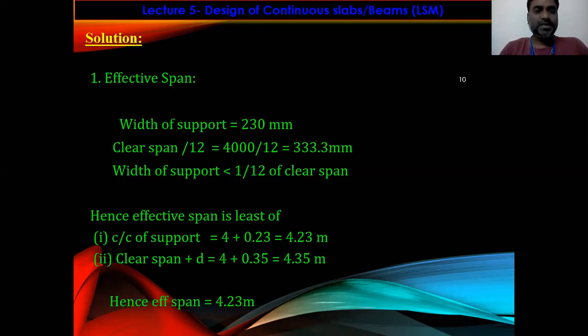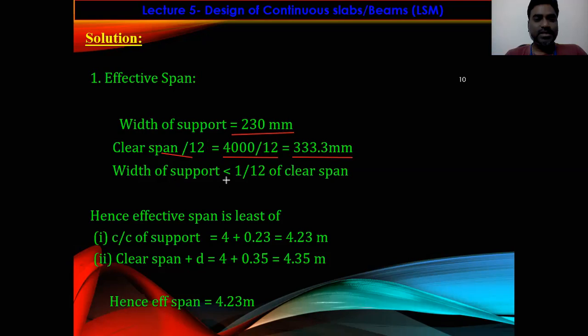So first check whether the width of the support is less than 1/12 of the clear span or not. Here the width of the support is 230 mm. Then the clear span by 12 is 4000 by 12, you will get 333.3 mm.